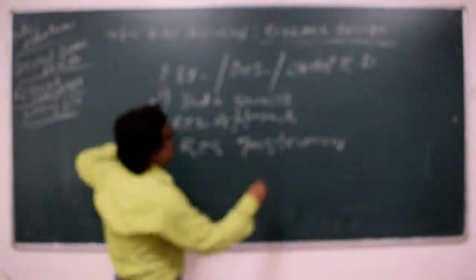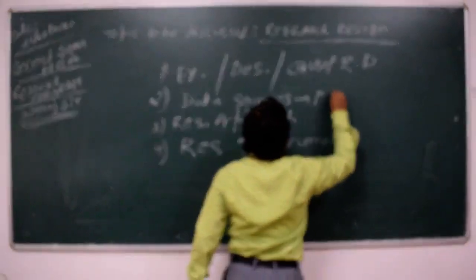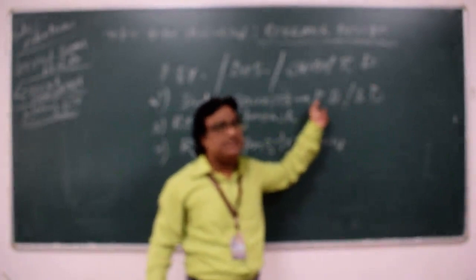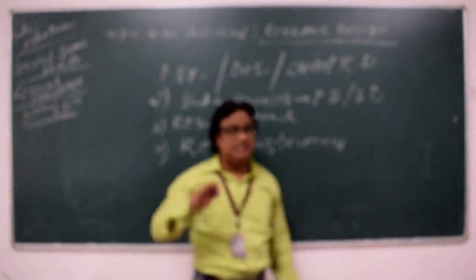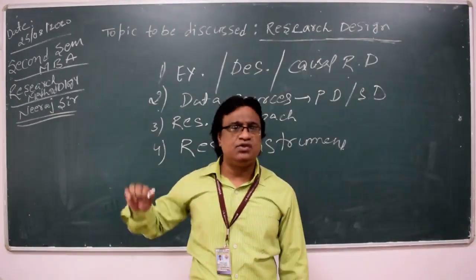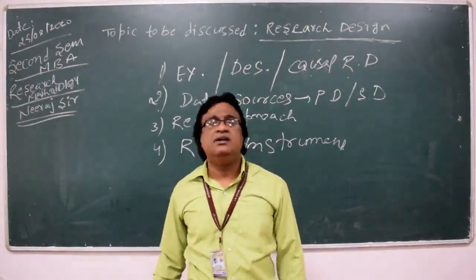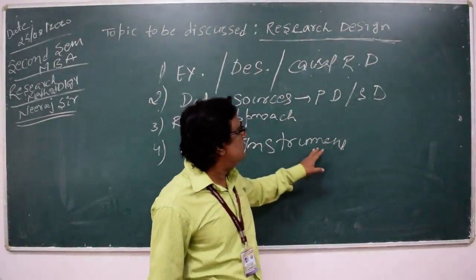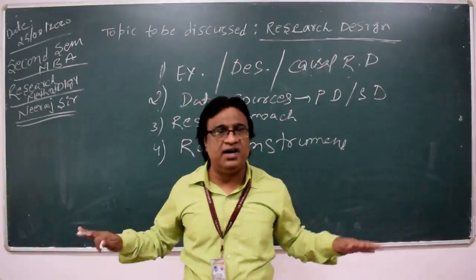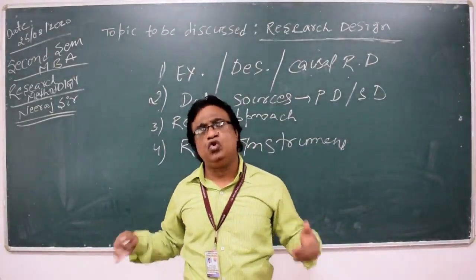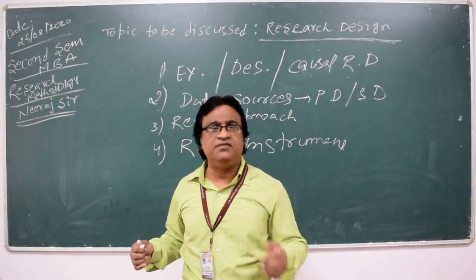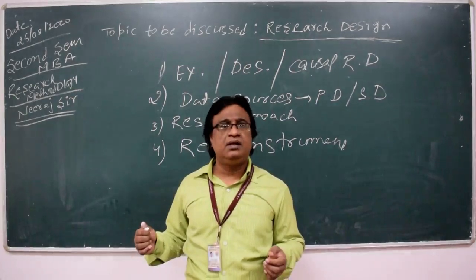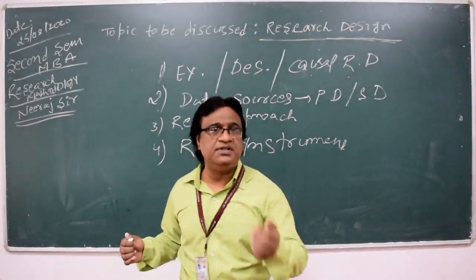As in data source, we have already discussed primary data and secondary data. Primary data is original data collected by the researcher, and secondary data is data the researcher consults that are available or collected by other researchers. Now in research instruments, we have to devise various types of instruments, like questionnaire, schedule, interview, telephonic interview, computer aided interview, personal interview, or interceptive interview.